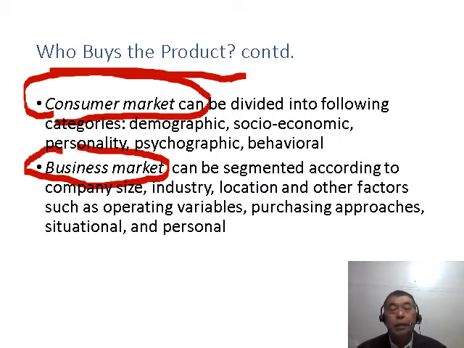Where is it located? Of course, we have different regions, and we have three major islands. Where is that particular location? And other factors such as operating variables, purchasing approaches, situation, and personnel. So again, as part of the segment of the market, is this a consumer market or is this a business market?